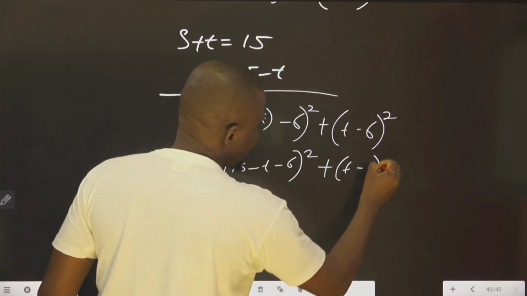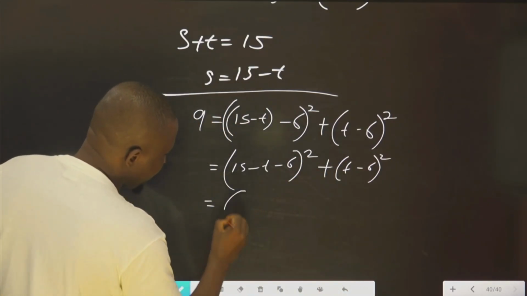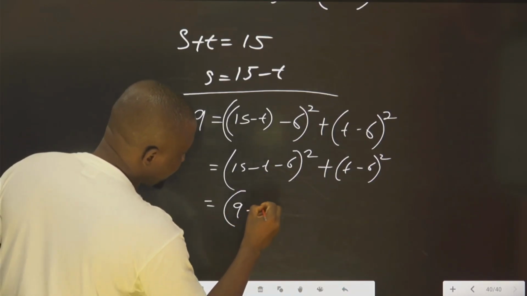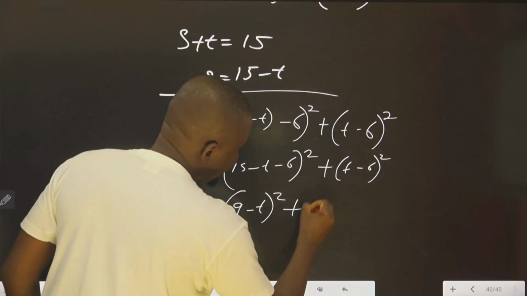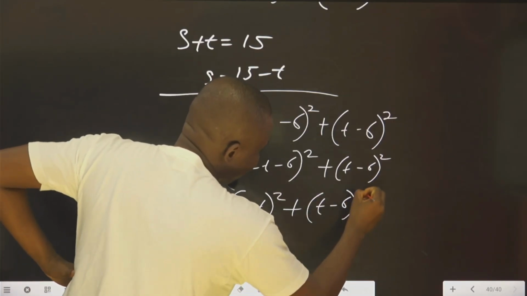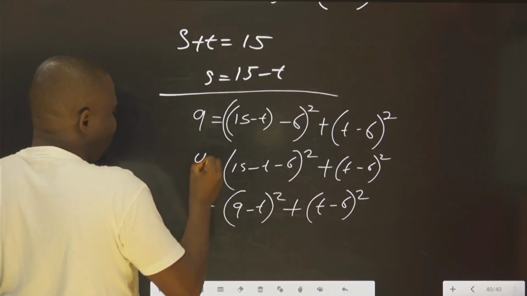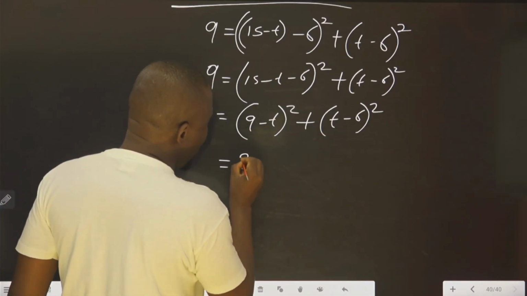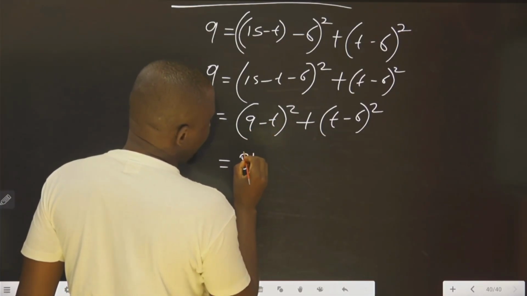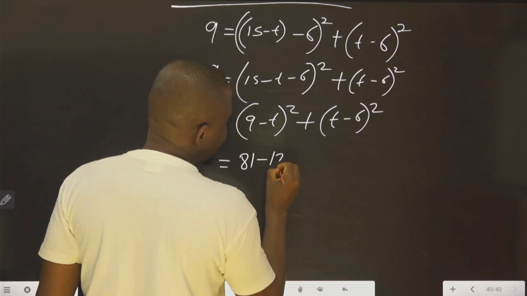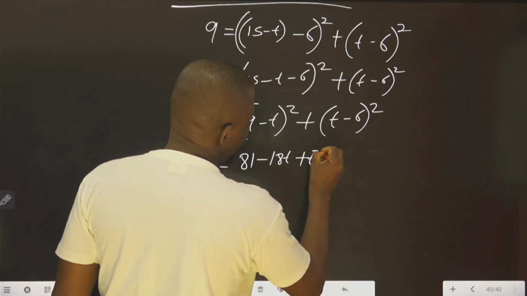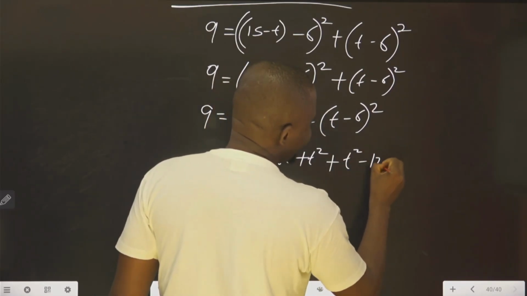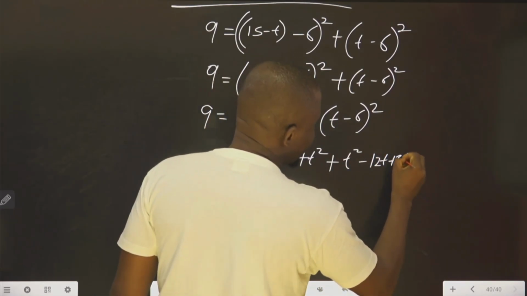You agree with me, 15 minus 6 is 9. If you expand this now, you're going to have 81, minus 18T plus T squared. If you expand the other, you're going to have T squared minus 12T plus 36.